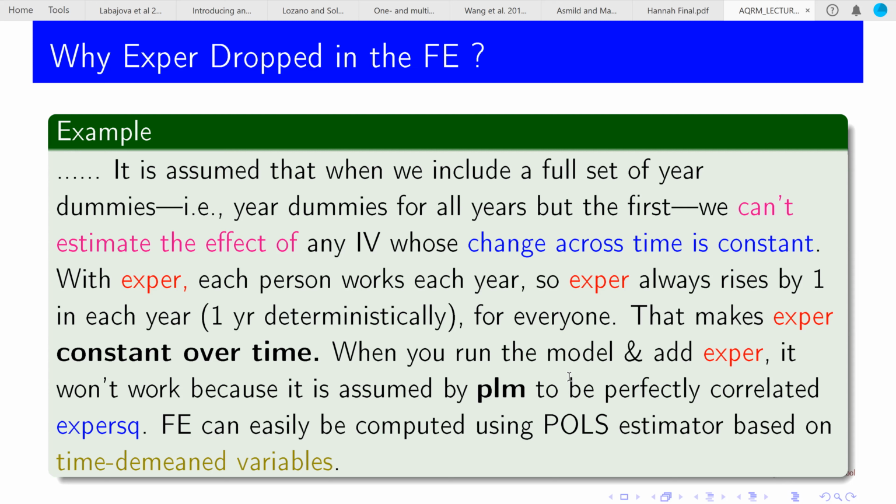Everybody. And so that makes experience constant over time. And like I said before, even for first difference, because first difference takes its inspiration from fixed effect, when you run the model and you add experience, it's not going to work because it is assumed by the software package to be perfectly correlated.